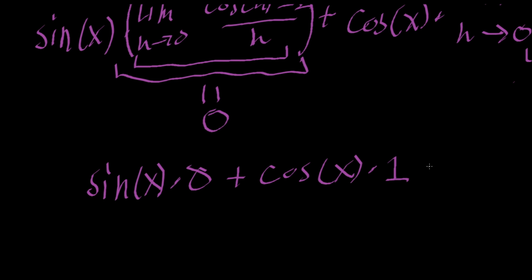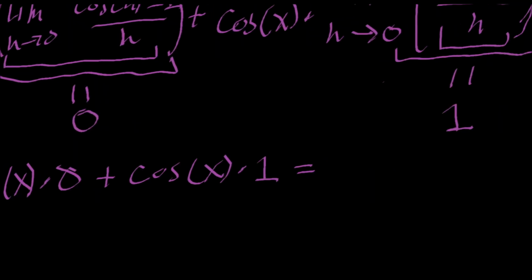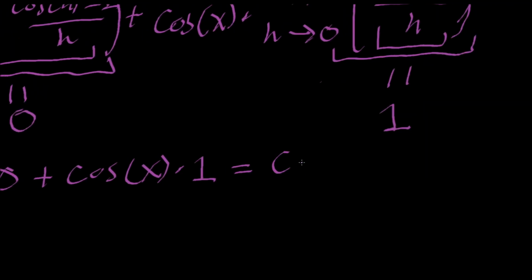And this is, of course, just equal to cosine of x. And we are done. The derivative of sine of x is equal to cosine of x.